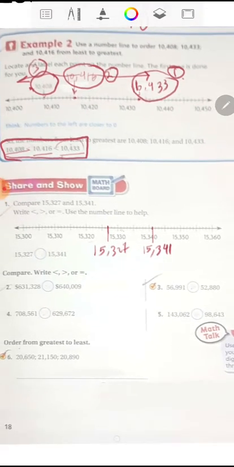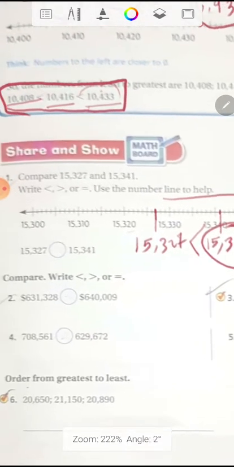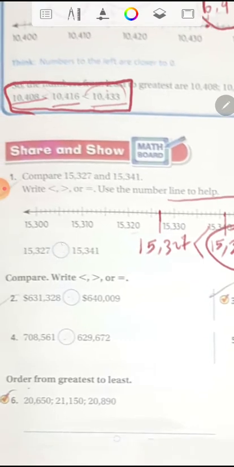I think you can see that when the number goes left, the number will be greater. So this one is greater than this one. Now if you want to compare the numbers, you have to put this symbol. So this symbol will go to the greater number.